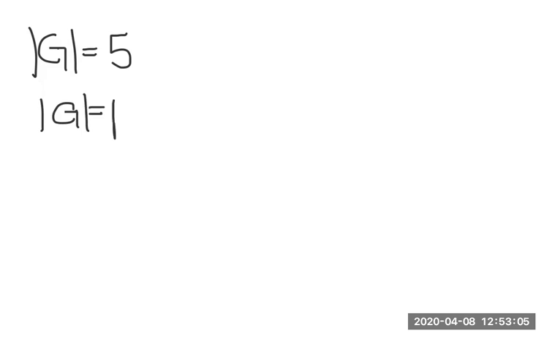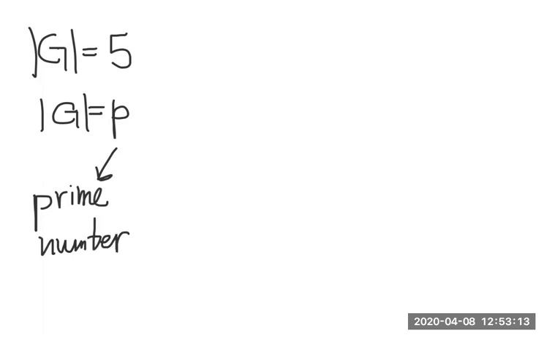Now, just in the last minute, let's look at the groups with 5 elements. Actually, more general than that. If you have a group G with P elements, where P is a prime number, we know the order of each element should divide P, right?